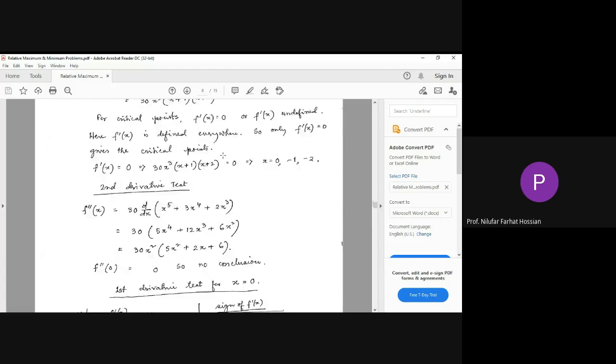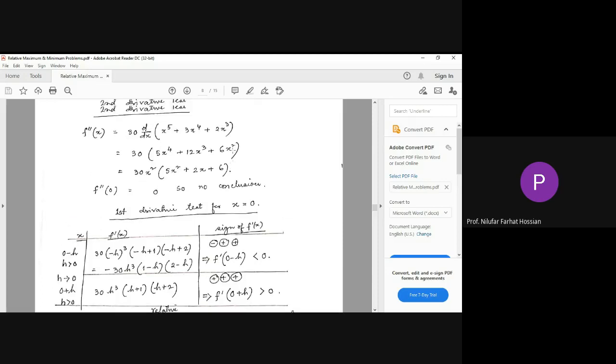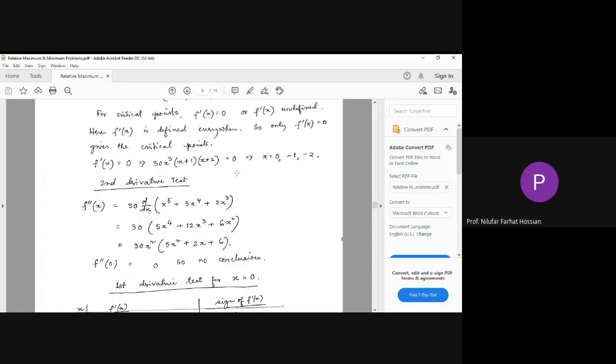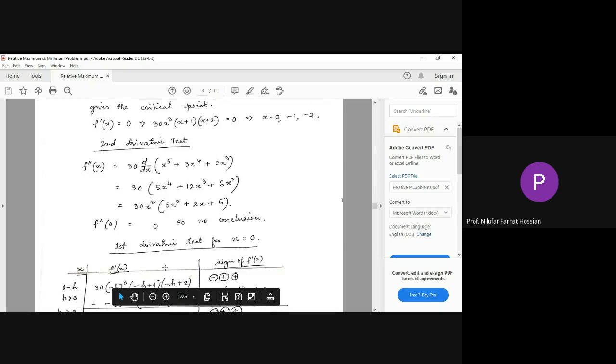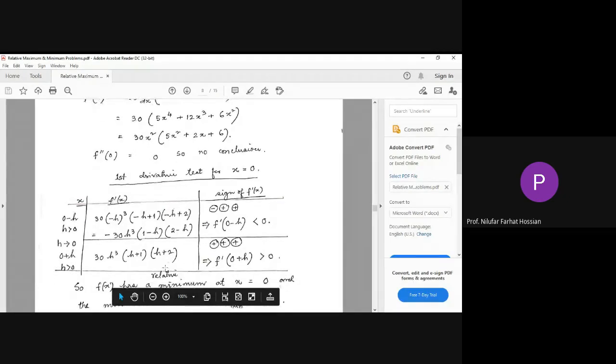If you take x square common, it will be like this. Now, for the first point, x equals 0, f double prime becomes 0. So no conclusion here. So you have to test with the first derivative test.